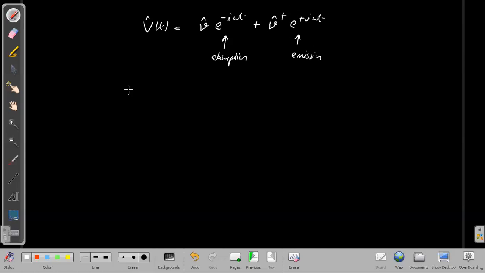Okay, and what about the transition rate? It is gamma. The system goes from i to f.